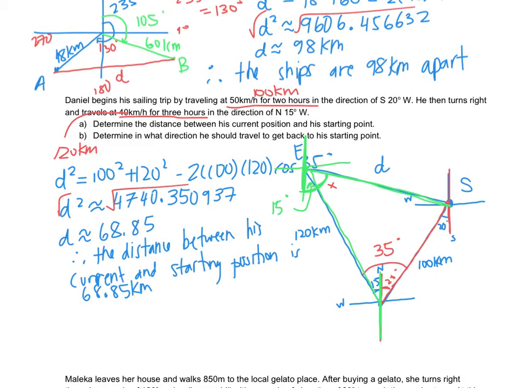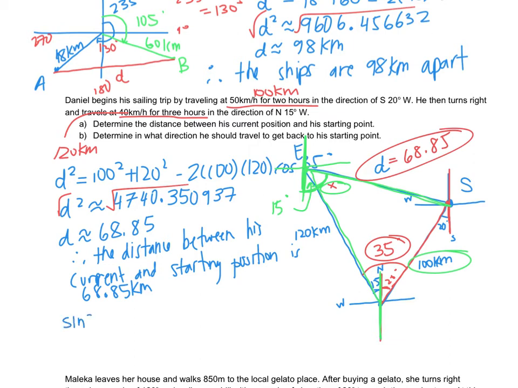Now looking at what I have, I'm going to go ahead and fill in my distance. And I have a full pair between the 35 degrees and that distance. I have 100 kilometers and I'm looking for X, which is opposite. So perfect, I can do a quick sine law.